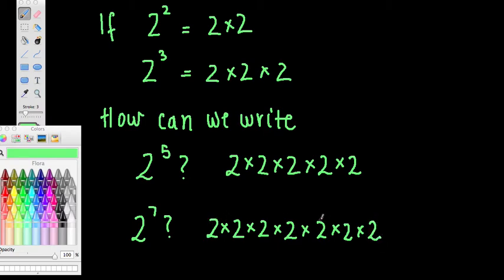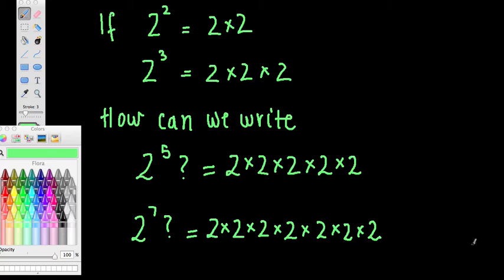How many 2's are there that are being multiplied together? 1, 2, 3, 4, 5, 6, 7. As we can see, we have base of 2, and this to the power of 7 means exactly what we've written here. Hopefully this is a little bit of a revision for you.